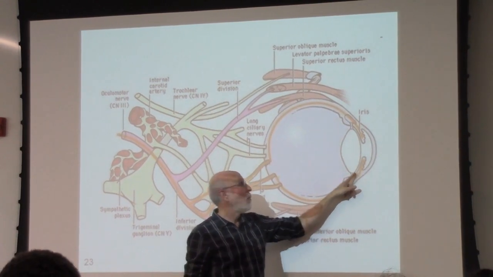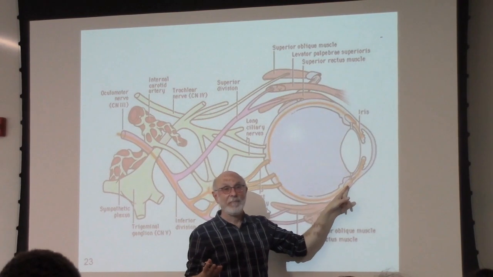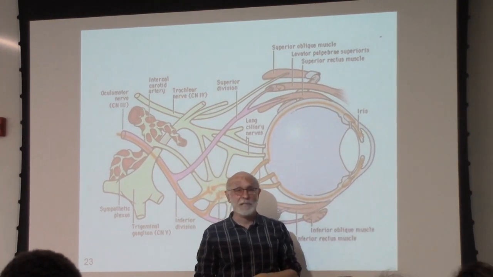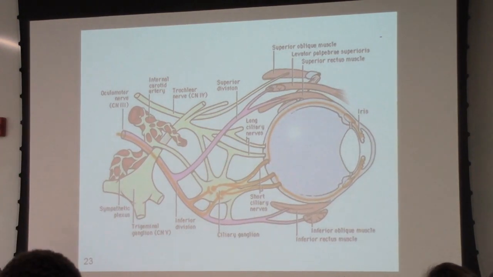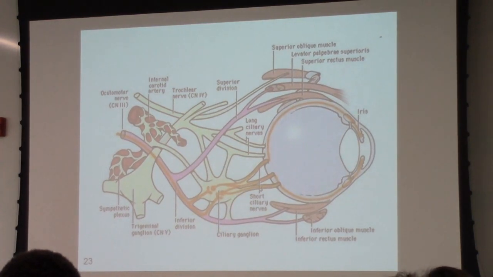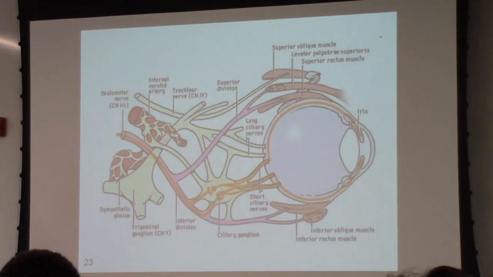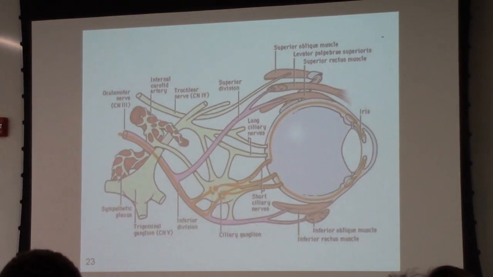Acetylcholine. What are the receptors here? Muscarinic. This is like the parasympathetic nervous system. Okay? I won't ask you to memorize the neurotransmitters here, but you might have to use them in a problem, where I would give you this information, or you could look it up and use it in a problem.